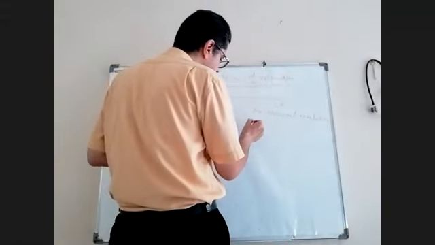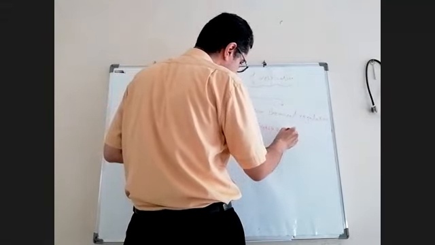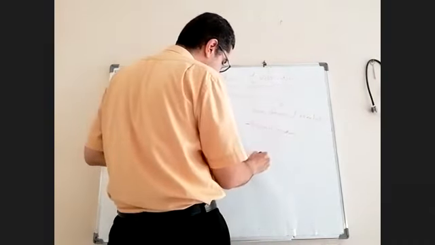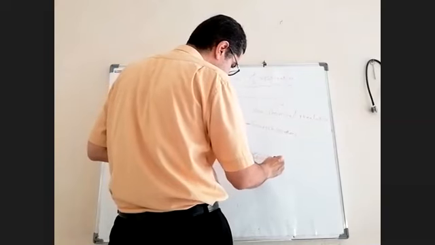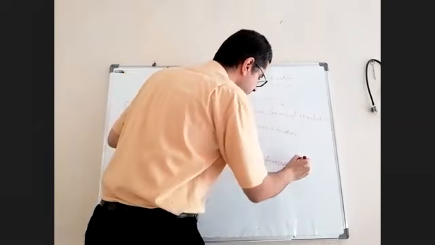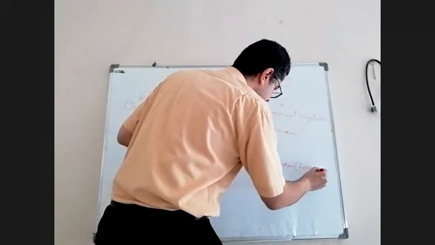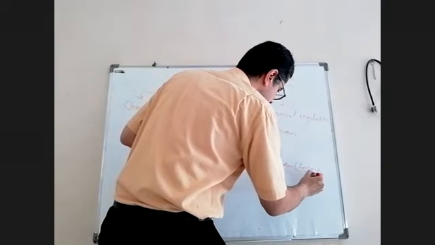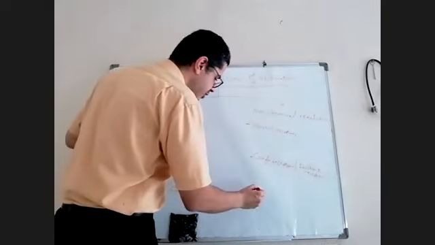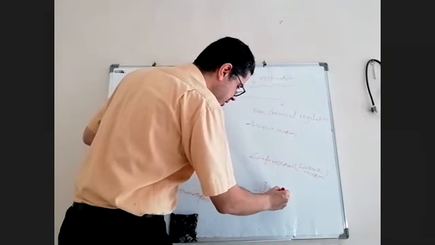We have stretch receptors, we have cuff receptors, or they call them irritant receptors, and we have J receptors. J means juxtapulmonary.